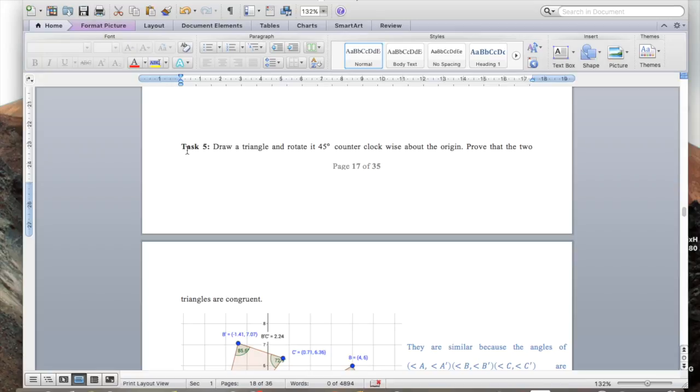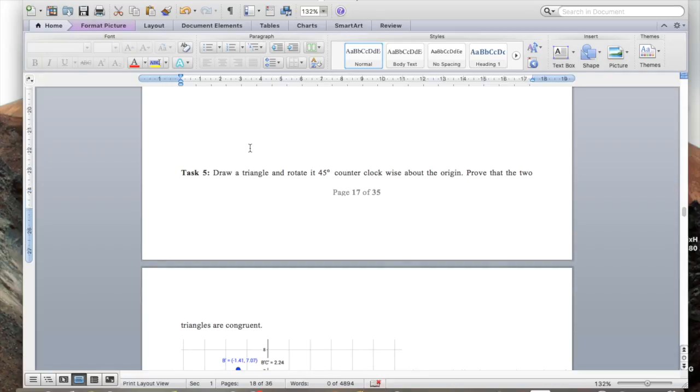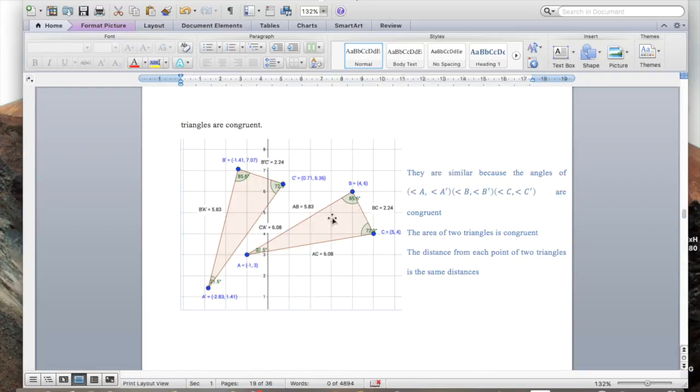And for task 5, we need to draw a triangle and rotate it 45 degrees counterclockwise about the origin. So we basically draw this one and rotate it to this one.